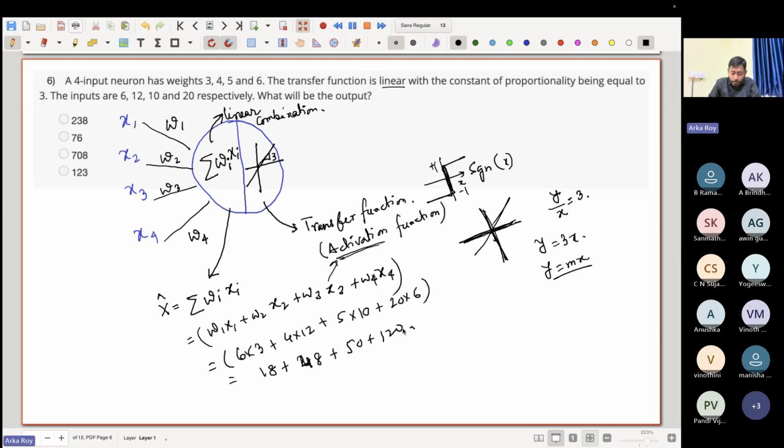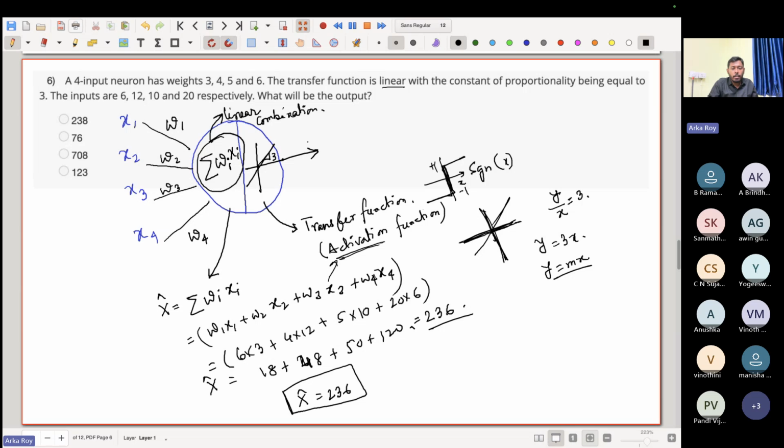Let me just add them up. This is 236. Fine, so this is x hat. Your x hat is 236, and we have reached this part.